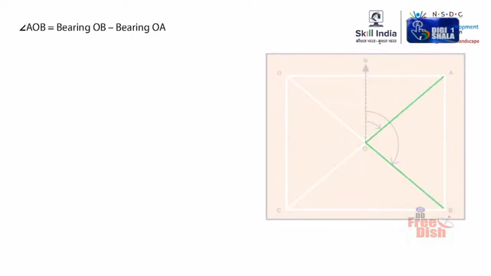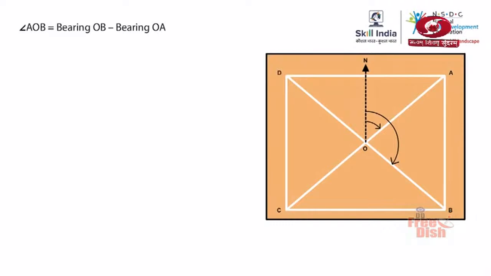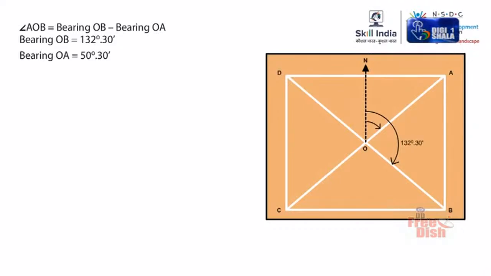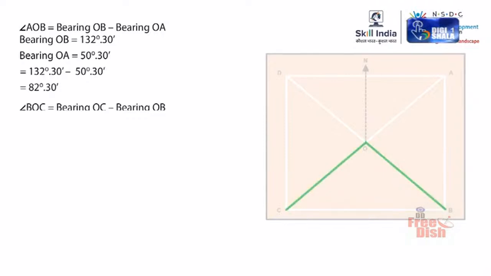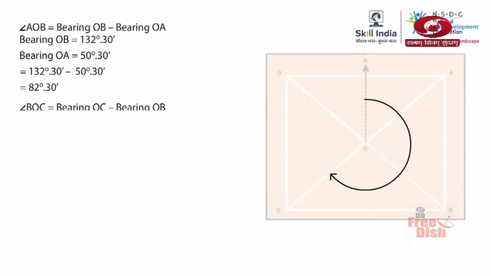AOB. From the diagram, we can see that bearing OB is equal to 132 degrees, 30 minutes, and that bearing OA is equal to 50 degrees, 30 minutes. Therefore, we can say that angle AOB is equal to 82 degrees, 30 minutes. Similarly, if we have to find out angle BOC, we can say that it is equal to the difference between bearing OC and bearing OB.